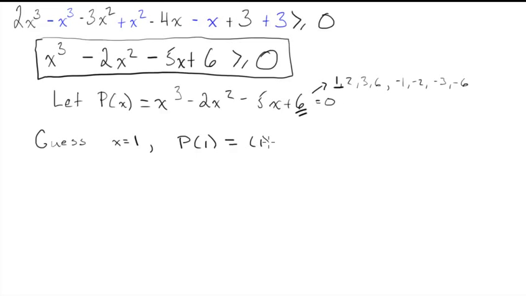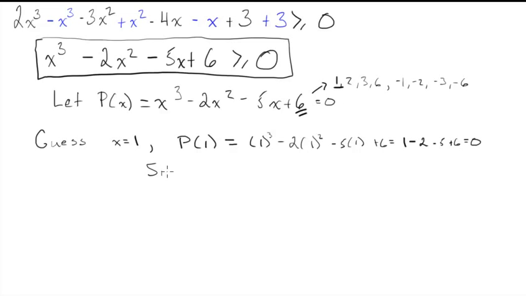So I have 1 cubed minus 2 times 1 squared minus 5 times 1 plus 6. So 1 cubed is 1, minus 2 times 1 squared is 2, minus 5 plus 6 equals 0. Great, we're lucky.